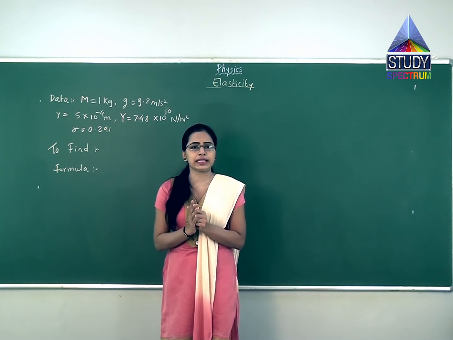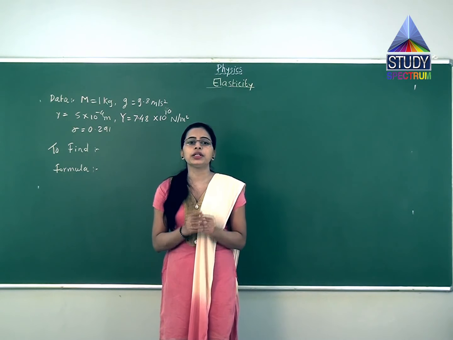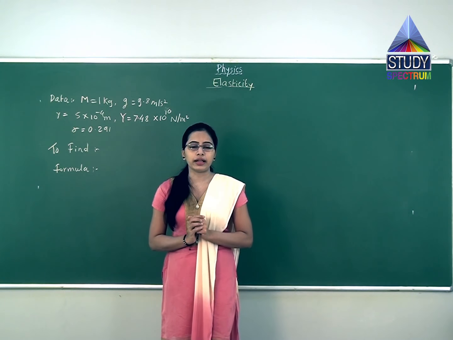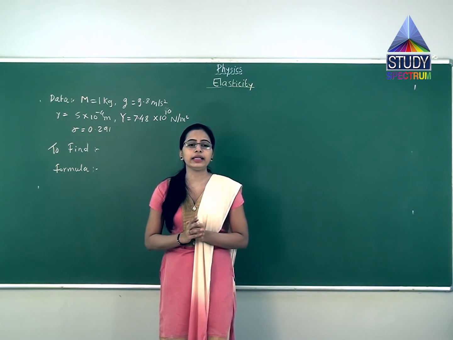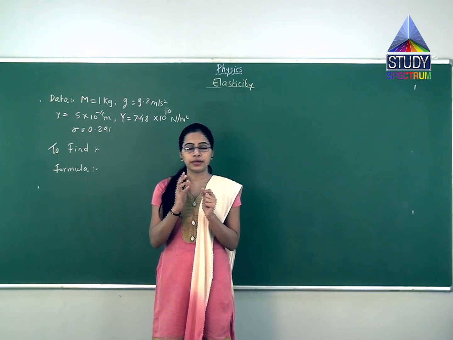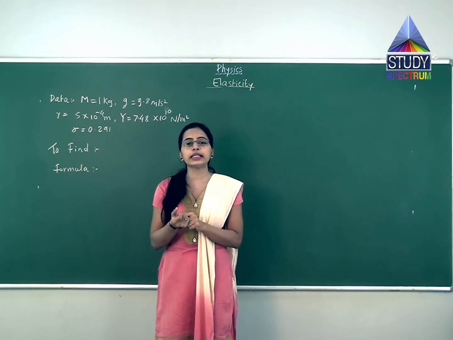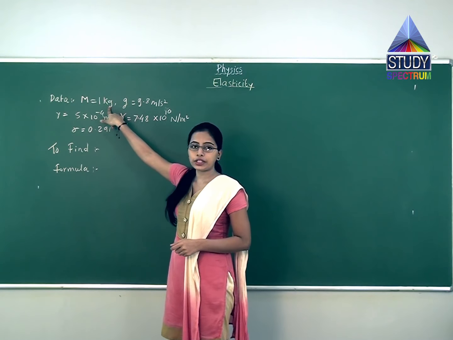Now this is also a simple example. Here you have one wire and a load is applied to it. The length and radius of the wire are given here, and the Young's modulus is also given. So I am writing the data here. Firstly, the mass, meaning the load which is producing the extension, is 1 kg. So M is equal to 1 kg.